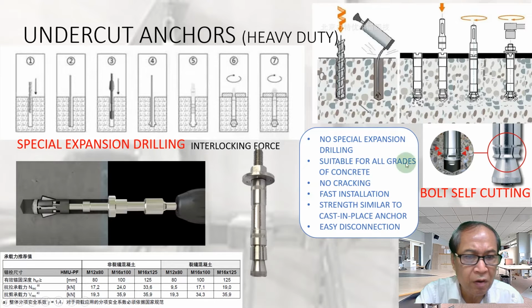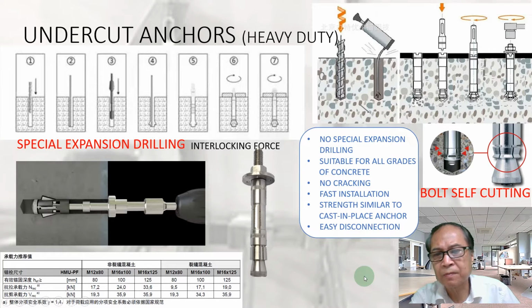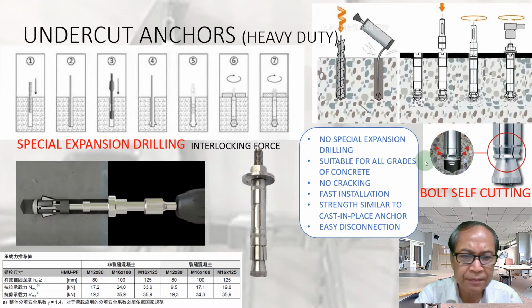It is for all grades of concrete, no cracking, no special expansion drilling, fast installation, very good strength, easy disconnection. You can screw out easily. But this is for very heavy installation. For normal interior fitting out, we don't need this kind of undercut anchor. It's for heavy duty jobs.